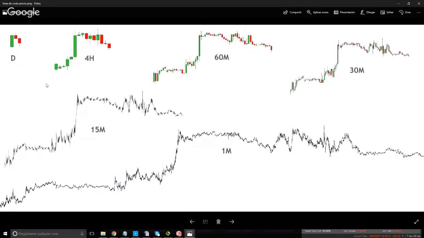The same movement which we may look at on the daily chart, which we can measure between the low and the high to get a figure of what the potential is in terms of volatility.